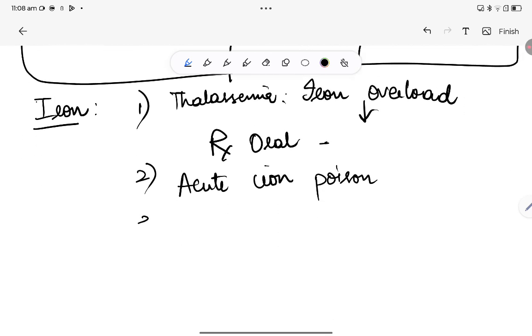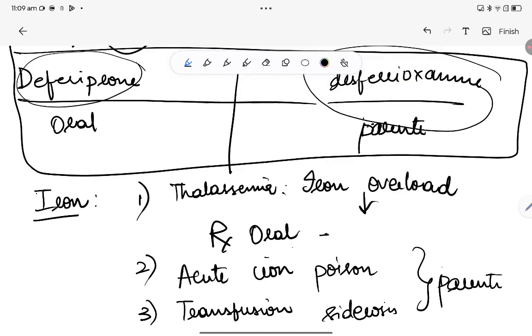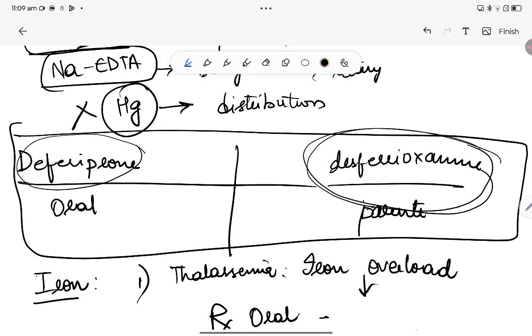As well as third one, this thalassemia patient also, if not treated before going to the blood transfusion, if patient is not prescribed oral iron chelator, the patient ends up with transfusion siderosis. In this case also, we usually treat them with parenteral iron chelators. What are the parenteral iron chelators? Deferoxamine.